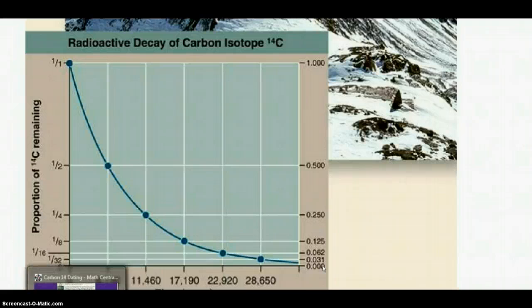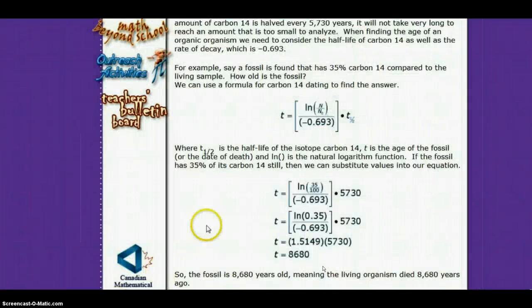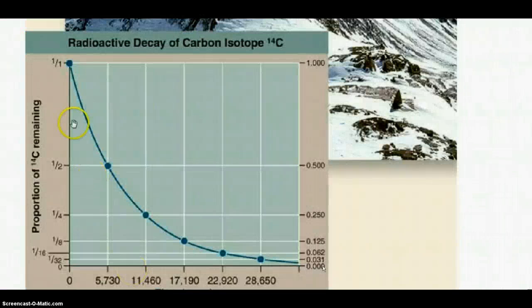Well, it just so happens that there's a way to calculate it. Let's go back to the graph a minute. This is a curvilinear function. It's a typical logarithmic rate of decline using a natural logarithm, which means that the rate depends upon what was there initially.